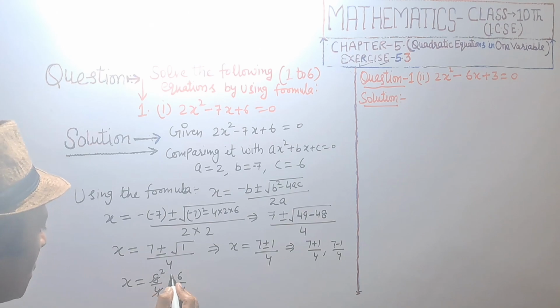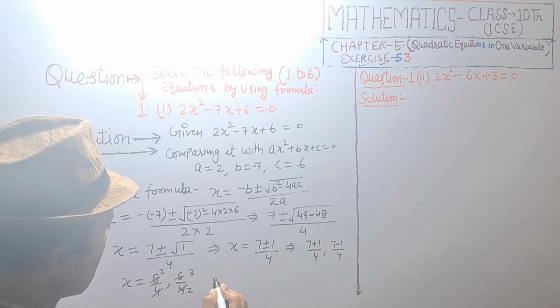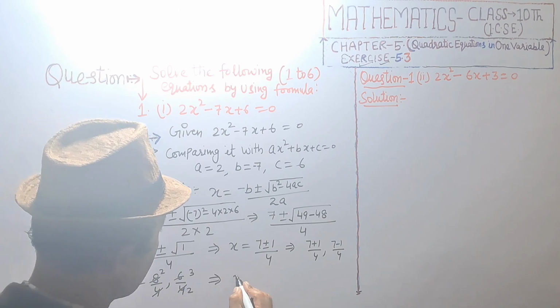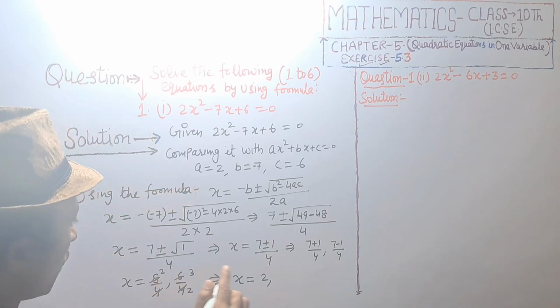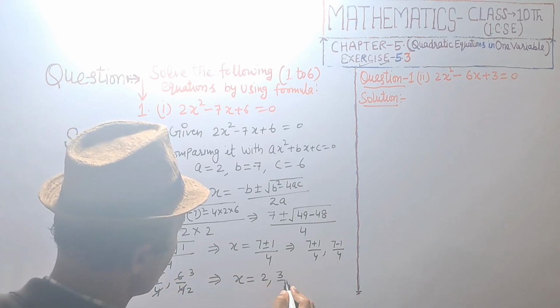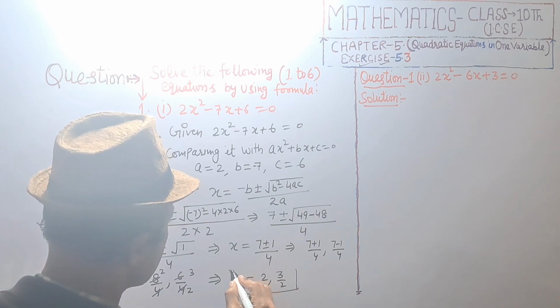This is cancelled by 2, and 2 twos are 4, 2 threes are 6, which implies we get the value of x is equal to 2 comma 3 upon 2. Answer.